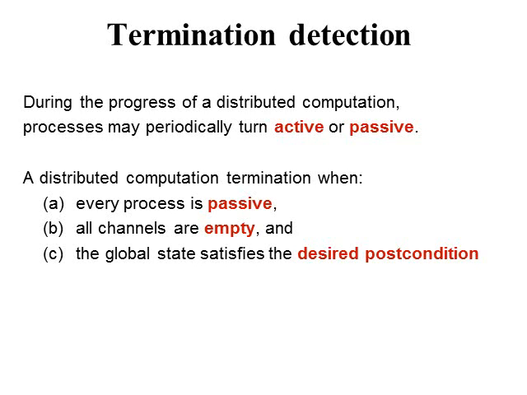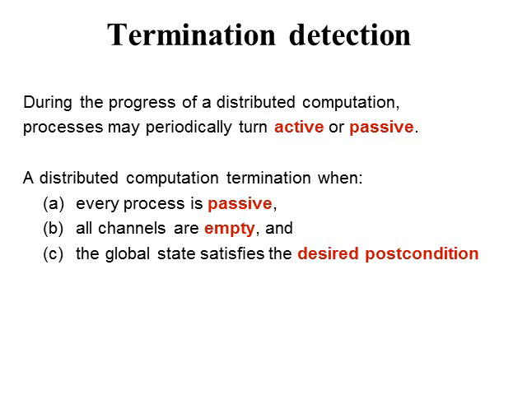And then finally, the last condition is that the global state that has been reached in the computation should satisfy the desired post condition. The third condition C here is the most important one, which separates the termination state from a deadlock state.